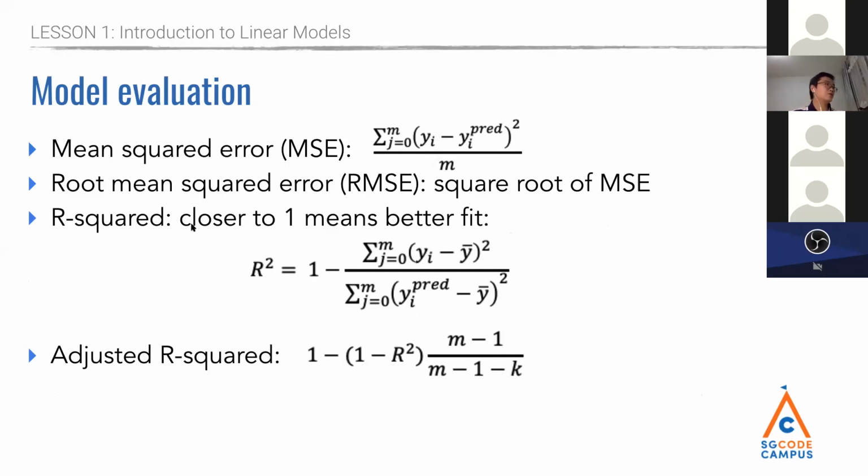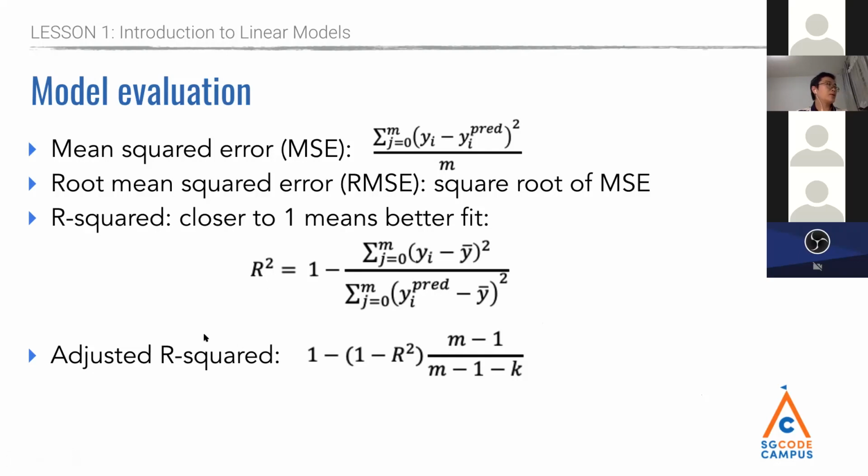R square is also a metric that helps you to measure how far away your predicted value is from the true value. This R square is a value between 0 and 1. And if it is close to 1, it means you are doing a good model. The model is a good fit to the data set.